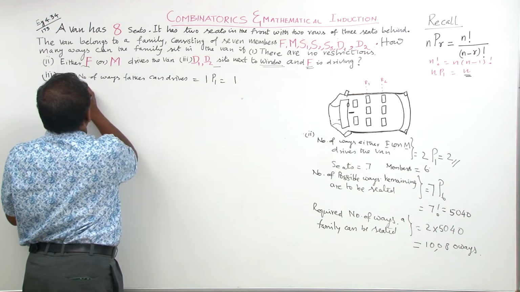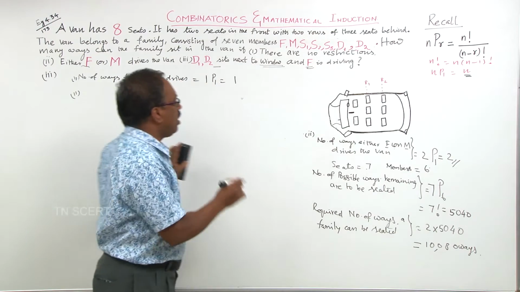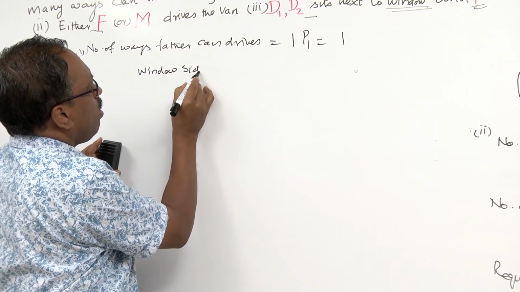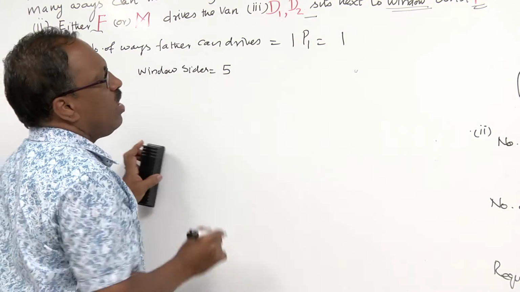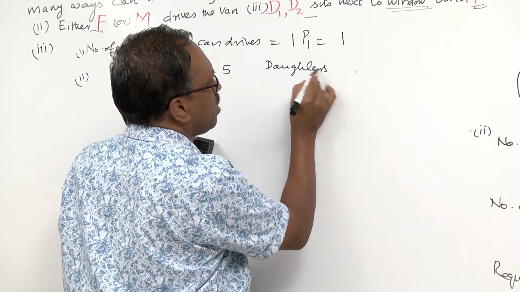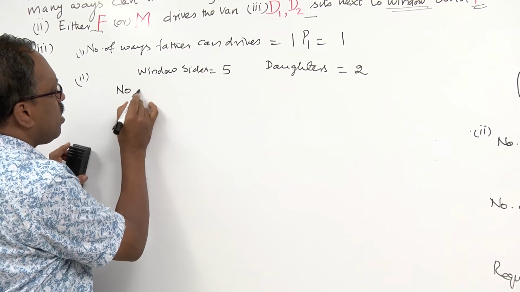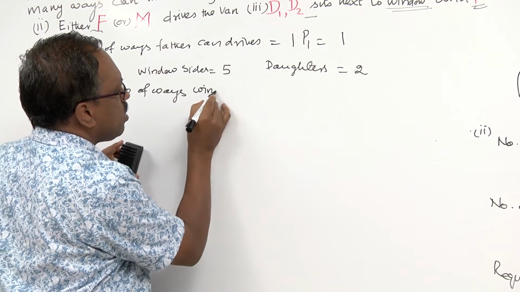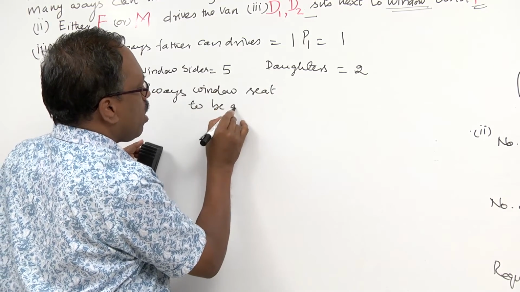Second condition here is the daughters. What are the places there? The window sides are 5. And how many daughters are there? Daughters wish to be in 2 places. That means the number of ways the window seats are to be accommodated.